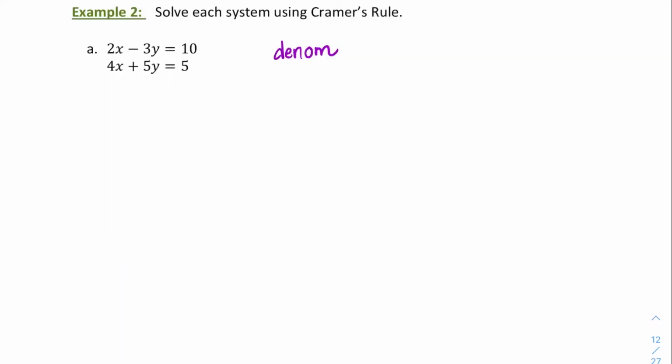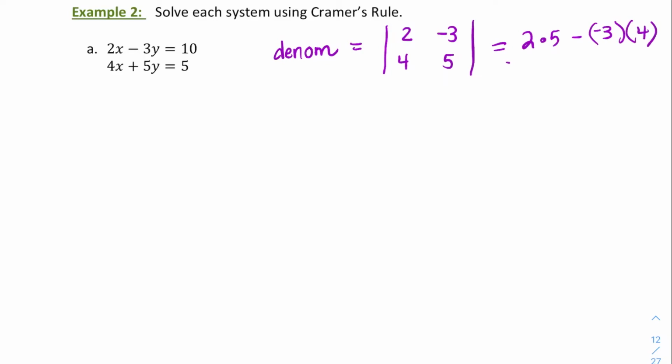So we will do one and you can see how it goes. I'm going to find the determinant of my matrix that's going to go in my denominator first, which comes from my coefficients on my variables. You're going to have 2 times 5 minus -3 times 4 and end up with 22. So when I'm finding my values for x and y, my denominator of my fractions is going to be 22 for both of them.